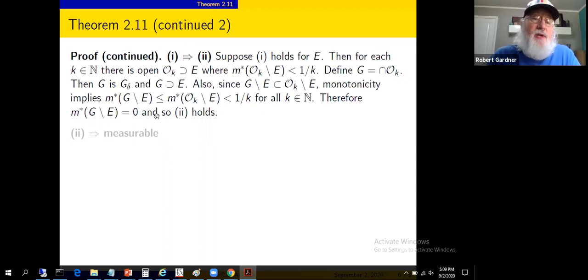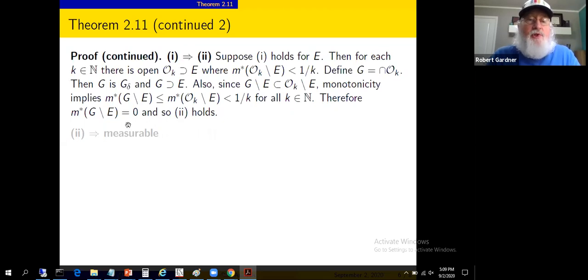The only way you can have this number less than 1 over K for all K a natural number is for this number to be 0. Of course, all these measures are bounded below by 0, so there are no negatives. And so we conclude that the outer measure of G set minus E equals 0, where G is a G delta set. That was part 2.